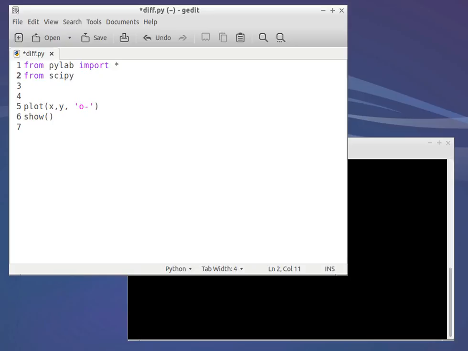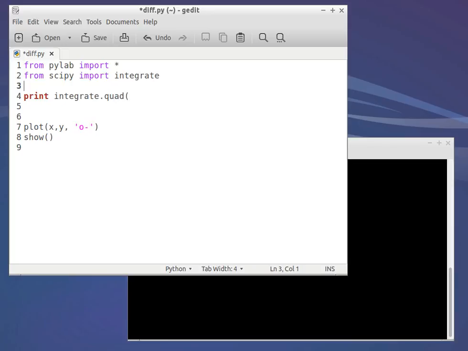So from SciPy import integrate, and then we can say print integrate dot quad, that is the function.